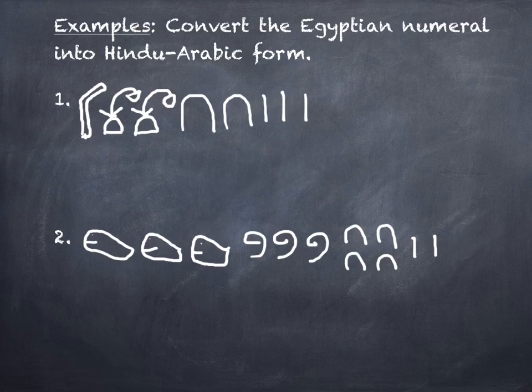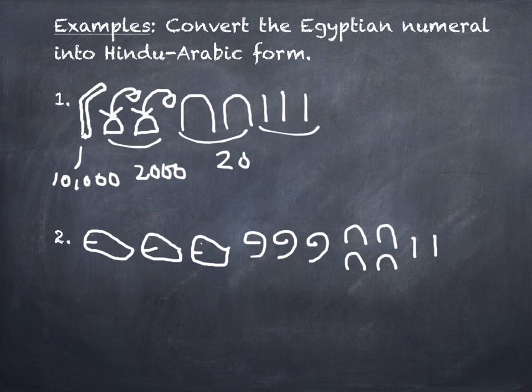So we do that by converting to our number system. So what is this first symbol? It's a pointing finger, and it's worth how much? 10,000. So this one right here is worth 10,000. So I'm going to do this in a couple steps here. What is this? So each of those lotus flowers are 1,000, and I've got 2 of them, so it's 2,000, right? Then I've got 2 of these heel bones, so that is 20, because the heel bones are each worth 10.